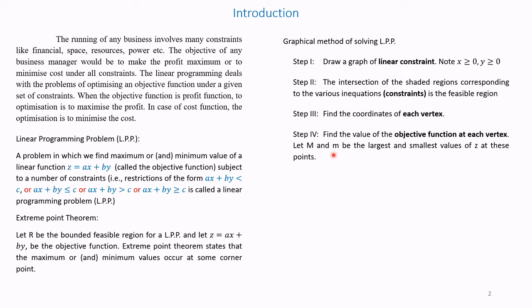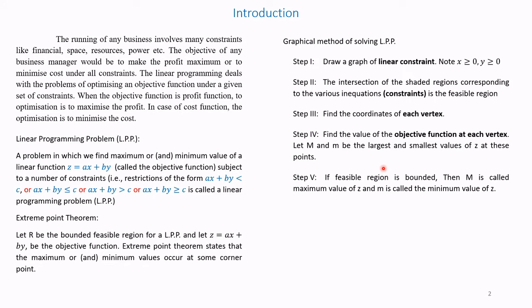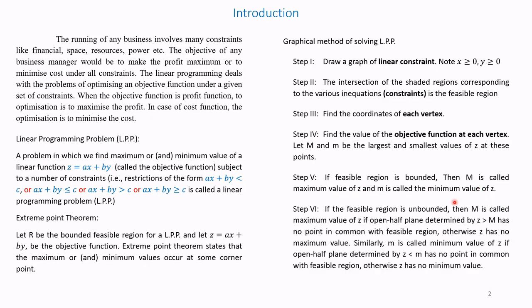The maximum value will be represented by capital M and minimum value by small m. And so step 5, if the feasible region is bounded, then M is called the maximum value of Z and small m is called the minimum value of Z.